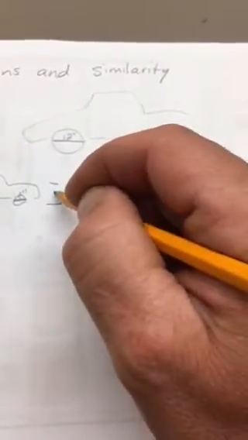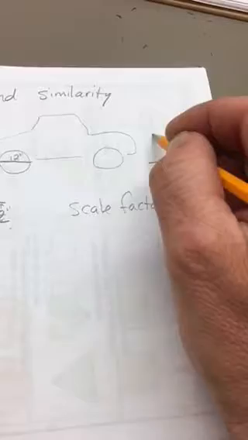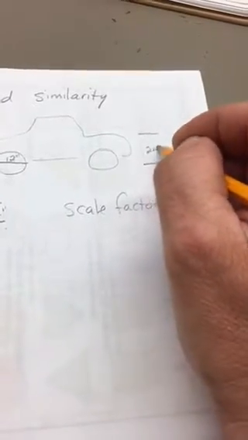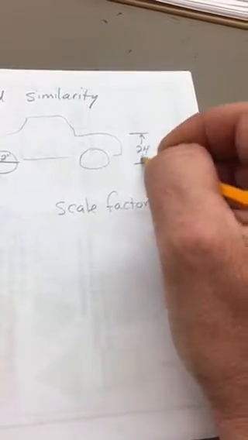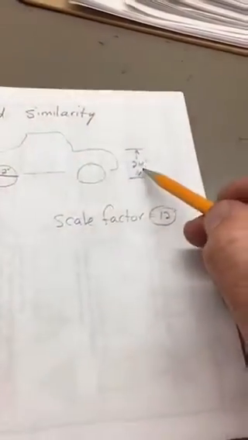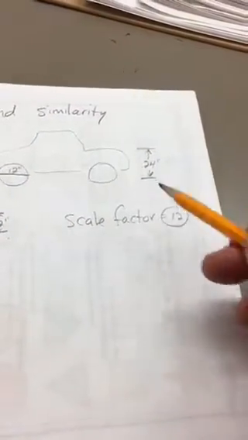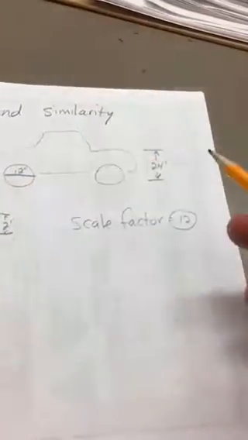So what that means, let's say this car, the model car, is 2 inches off the ground. Okay, well, if you multiply that by 12, well, then the real car is going to be 24 inches off the ground, okay? Because that's the scale factor between the two. Now, if that said anything other than 24, then these two cars would not be in proportion to each other, and these would not be similar figures.